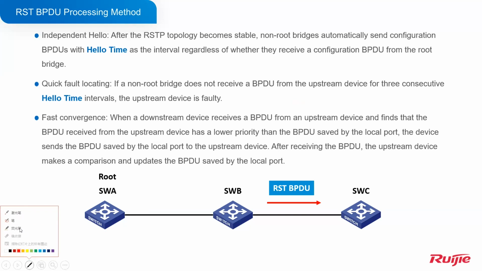This is different from STP, because in STP, only when the non-root bridges receive the BPDU from the root bridge will they learn it and forward it to the downstream switches. But in RSTP, no matter whether the switches receive the RSTP BPDU from the root or not, they can generate and send the RSTP BPDU periodically.